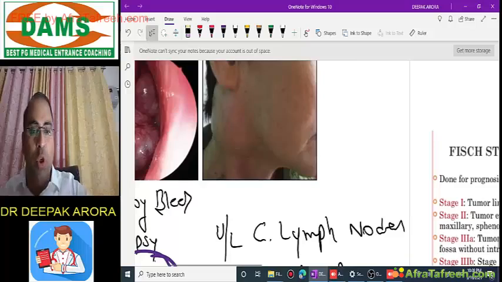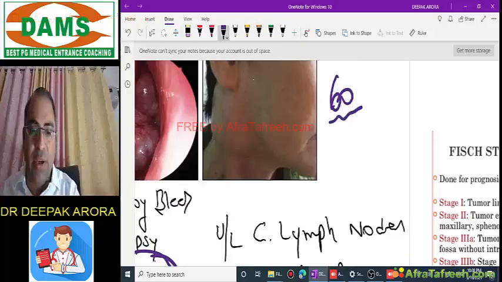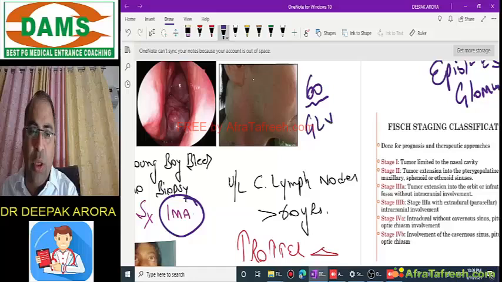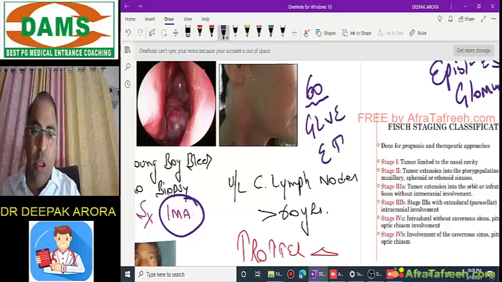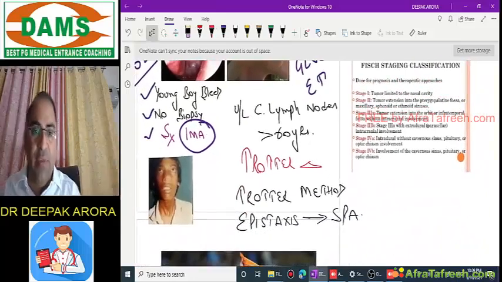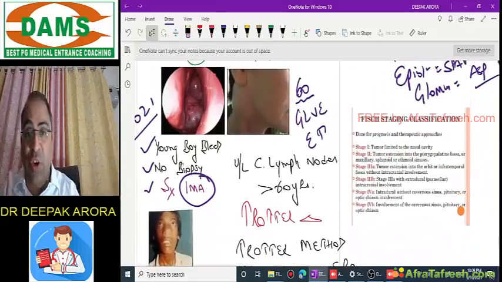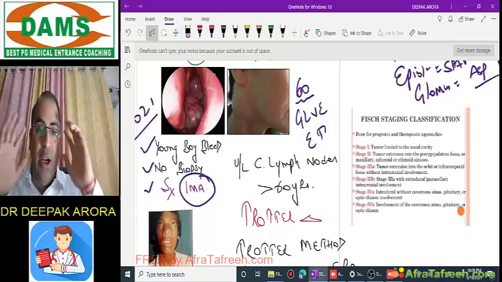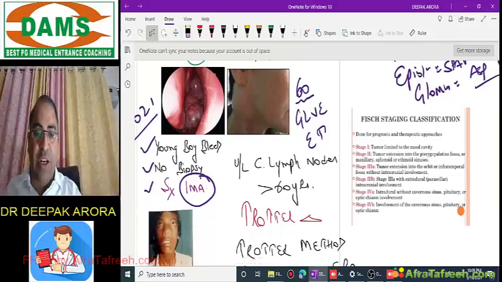But if they show you a 60-year-old patient with unilateral cervical lymphadenopathy with glue ear, eustachian tube is blocked, fossa of Rosenmuller is involved, we have a Trotter's triad, we call it as nasopharyngeal carcinoma. Beta, just close your eyes, listen the word unilateral cervical lymphadenopathy, age 60 year, glue ear, go for nasopharyngeal carcinoma.